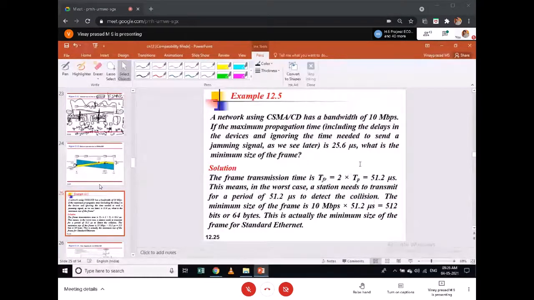So 2 into TP, TP is 25.6, you'll get 51.2 microseconds. This into bandwidth, you will get 512 bits. If you convert that to bytes, you'll get 64 bytes, which is the minimum frame size I need in standard Ethernet in a wired LAN in order to detect the collision.